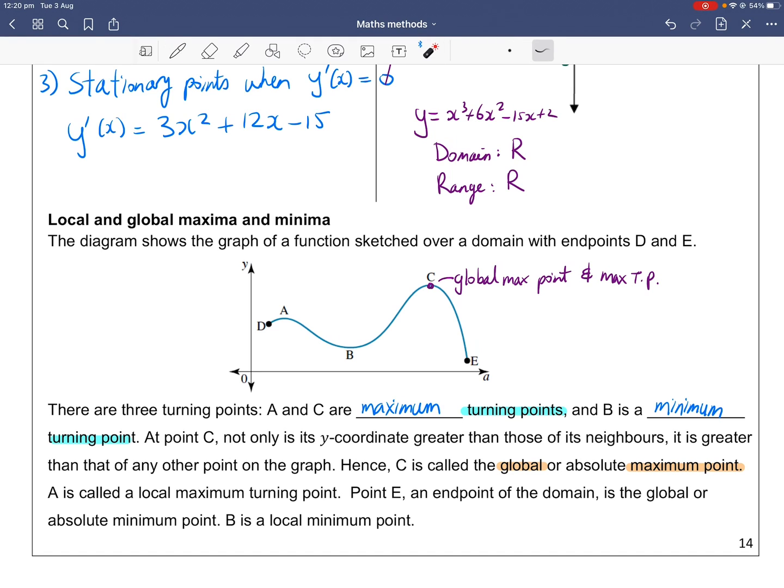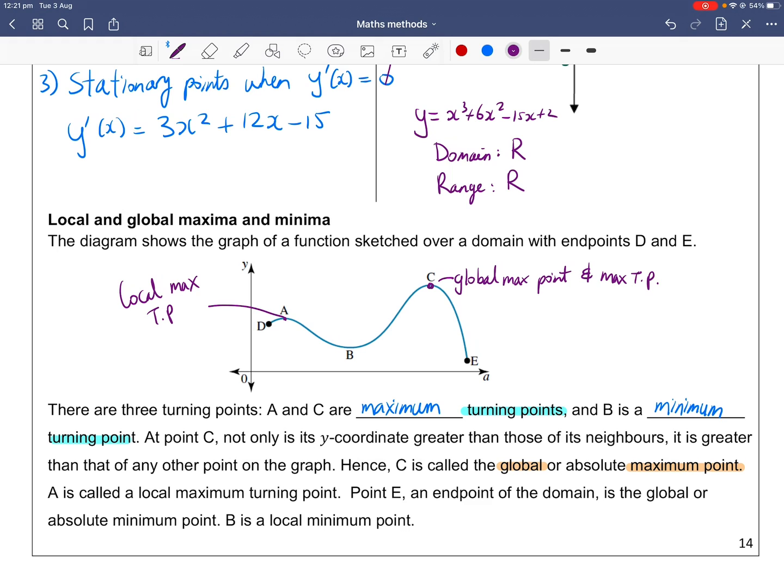Now, in contrast, point A here is a maximum turning point, but it's not the highest y value across the whole section. So A is just a local maximum turning point. Okay, so A is then our local, because it's not the overall, it's not global.